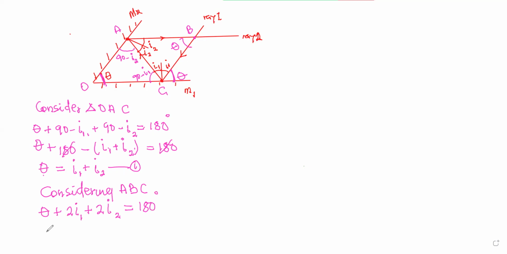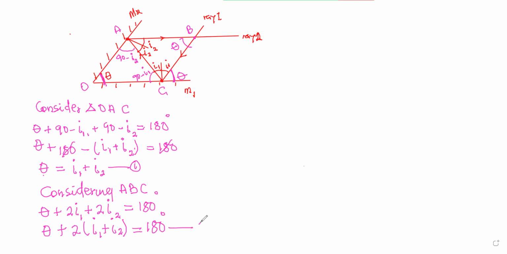So that we have theta plus 2, bracket, I1 plus I2, is equal to 180 degrees.